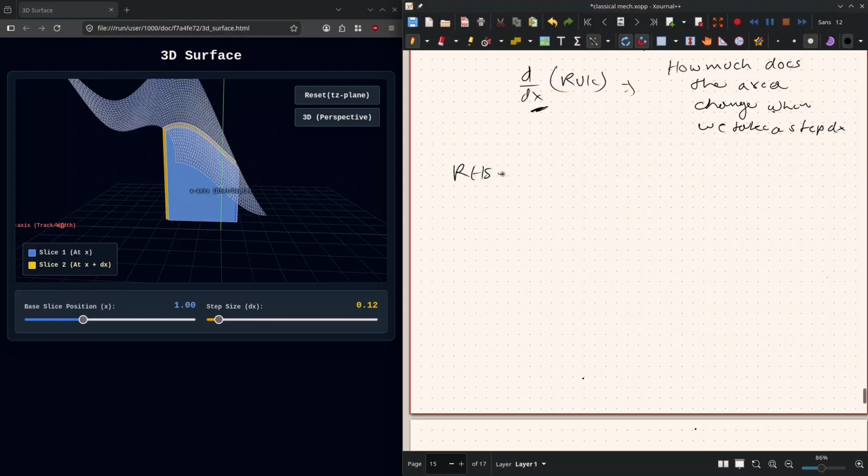Now what the right hand side tells us: the RHS looks like this. We've got an integral of the partial derivative of f with respect to x, and we are integrating with respect to t from a of x to b of x, and we are adding the other two terms. Let me write this first.